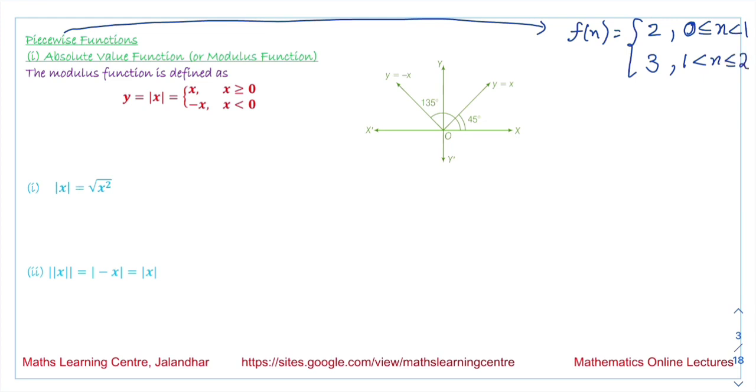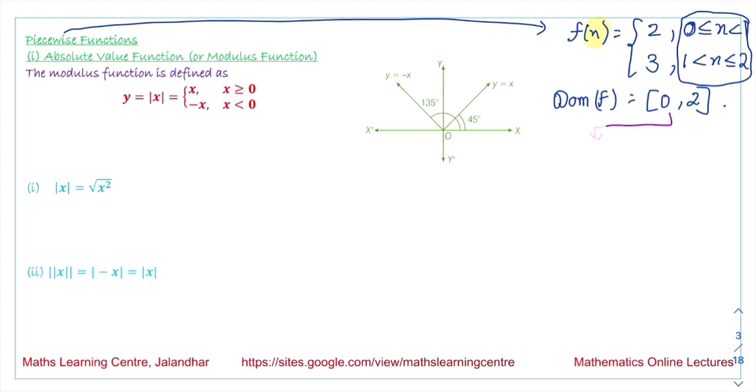The domain means what values of x it can take. So domain of f is the closed interval 0 to 2. It can take any value between 0 and 2.